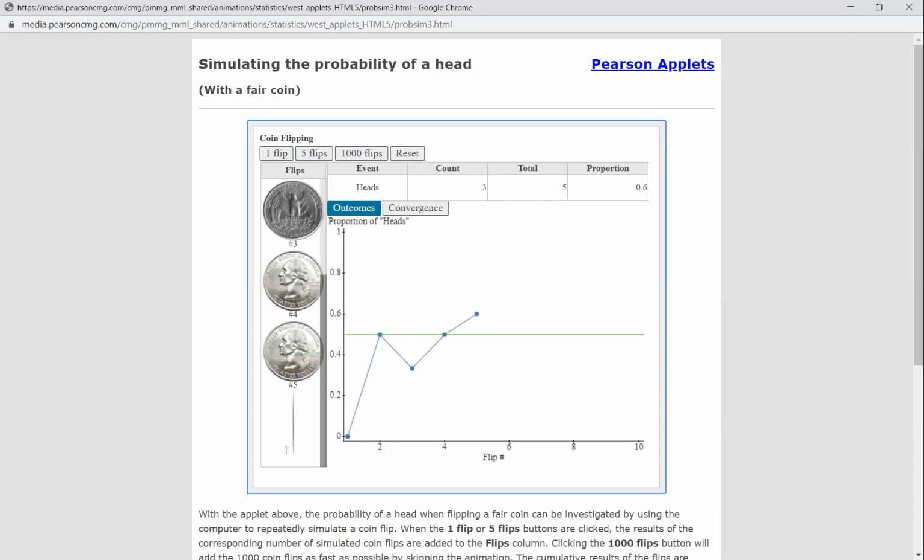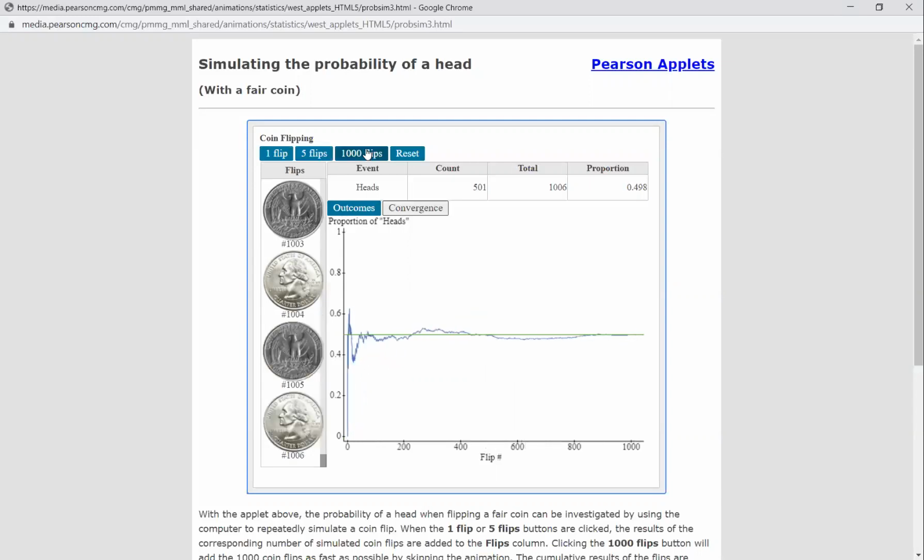Very well. So as you can see, the probability shows a value associated with the vertical axis. You can repeat this process 1,000 times. When you repeat that process 1,000 times, you see it converges to the green line related to the probability on the vertical axis.